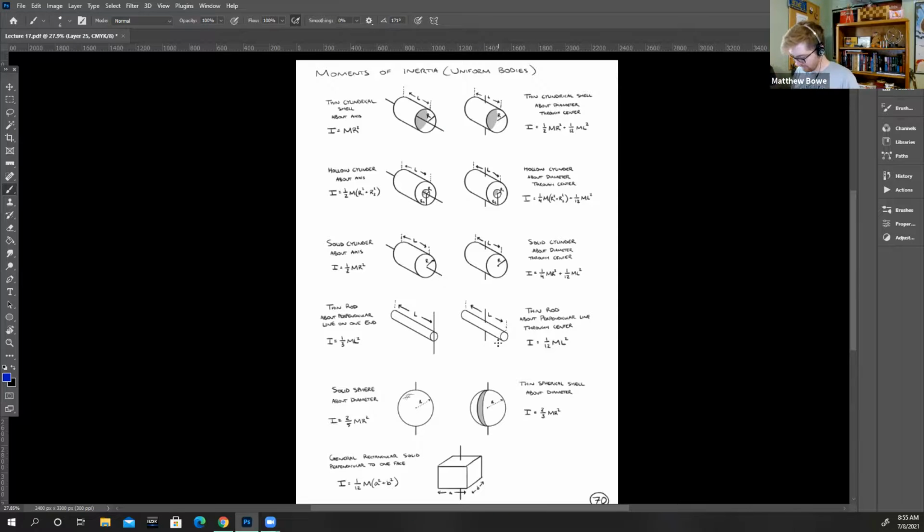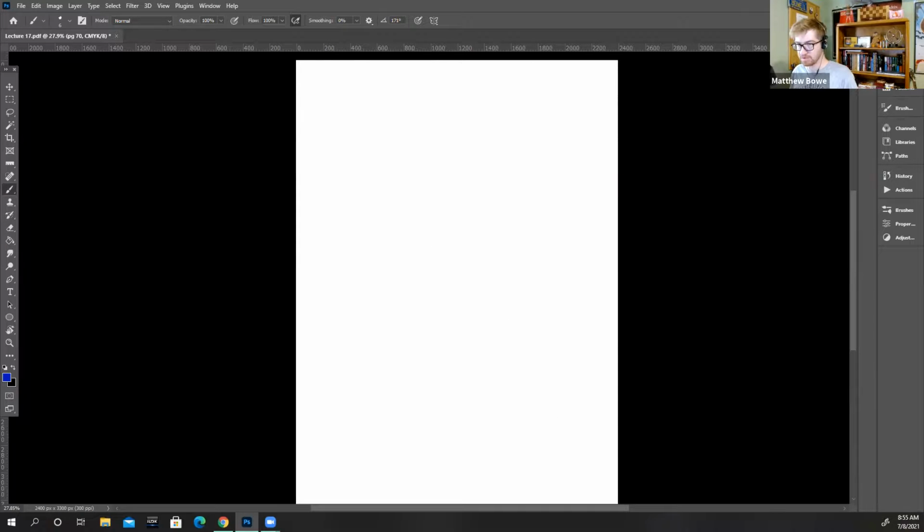So how do we actually get this term? Let's figure it out. In order to get it, we use something called the parallel axis theorem.